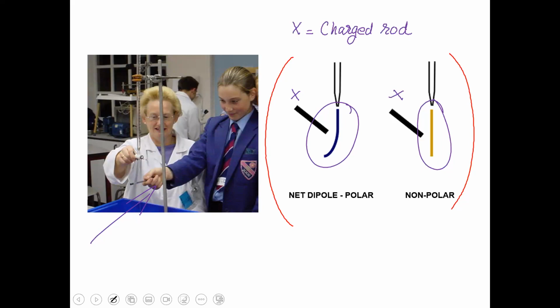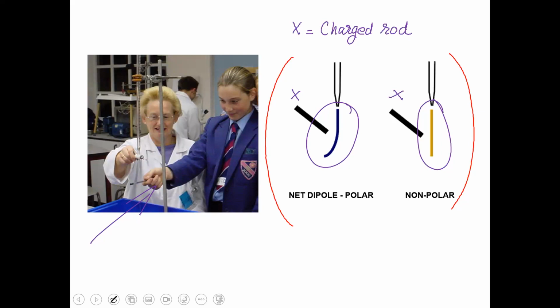A polar liquid will bend towards the charged rod, while a non-polar liquid will stay straight.